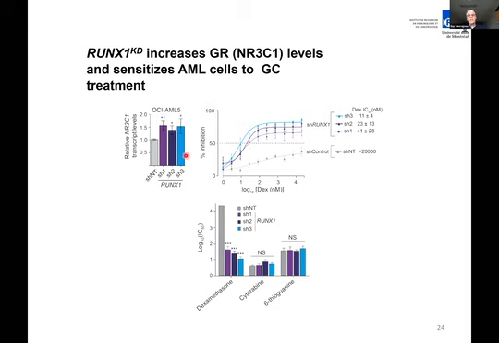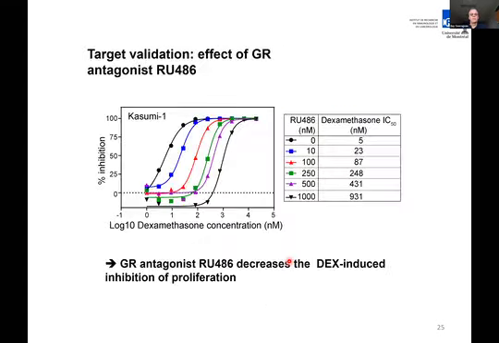Now, what's very interesting is that when you knock down RUNX1 in a resistant cell line, in this case, it becomes sensitive to dexamethasone. These are AML5 cells, but there's absolutely no difference in their sensitivity to other chemotherapeutic agents such as cytarabine and 6-thioguanine. So this is specific to dexamethasone.